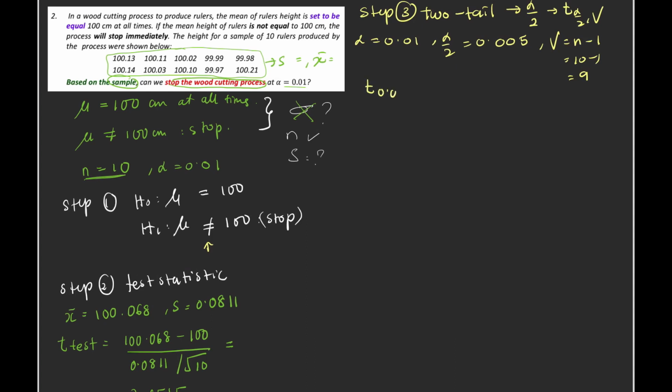T 0.005, nu is 9. Okay, it is 3.2498. So, two tail.